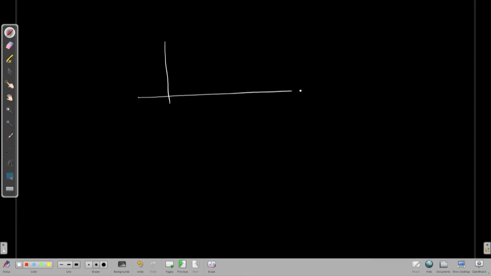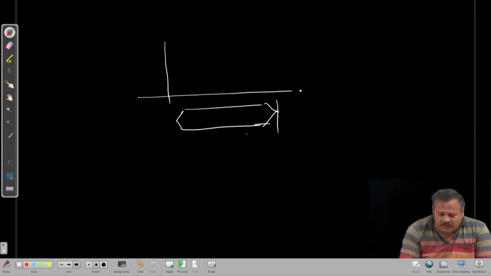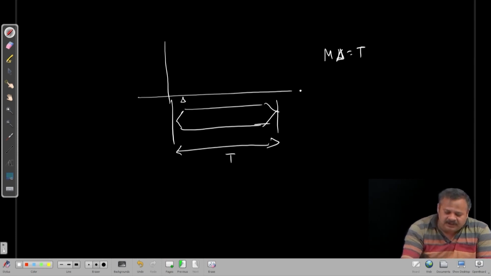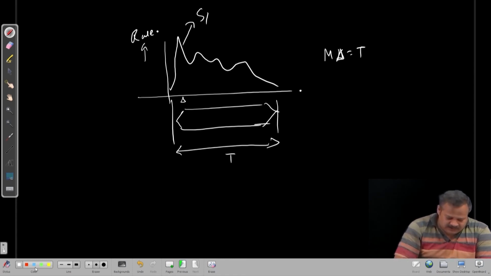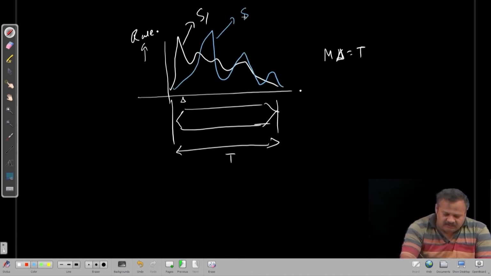So, we have a stimulus over a period capital T. Again we have bin size delta, let us say there are M bins with M delta equals T, and let us say this is the rate, and so again we have a PSTH for the stimulus S1, and similarly for stimulus S2 again we have another PSTH.